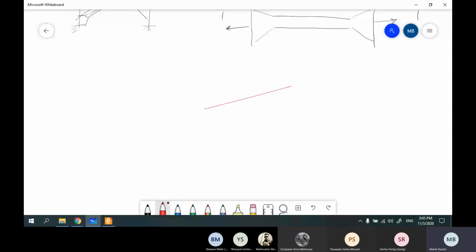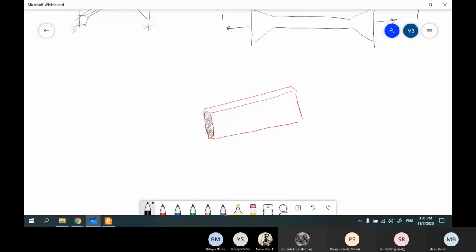This is our member. A is cross section. What is the cross section here? This is the cross section.